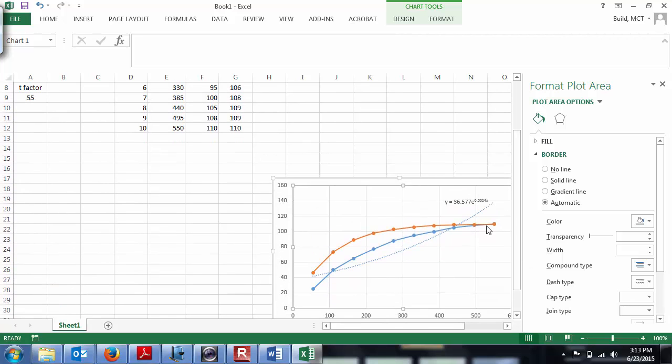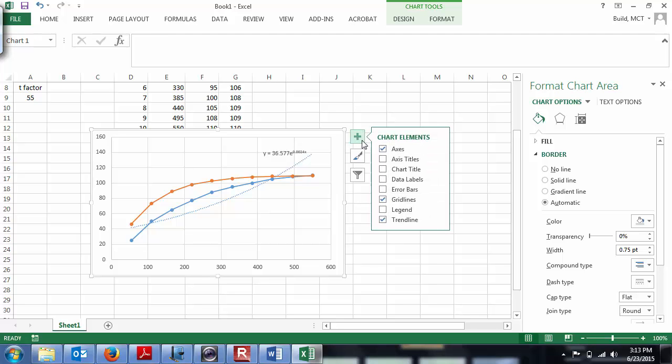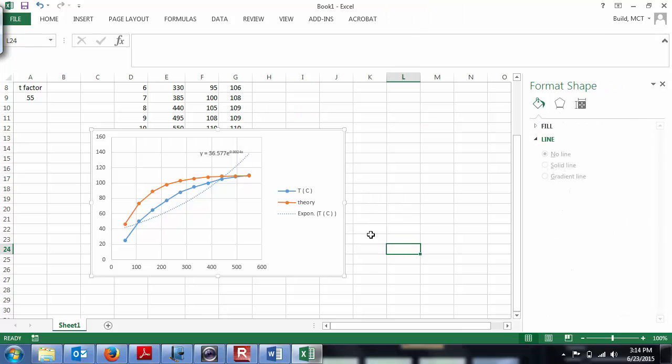So that's pretty good looking right there. And I can go back and fix that exponential in a little bit. But now you can say, gosh, that's not too bad. My theory was pretty close to my data.